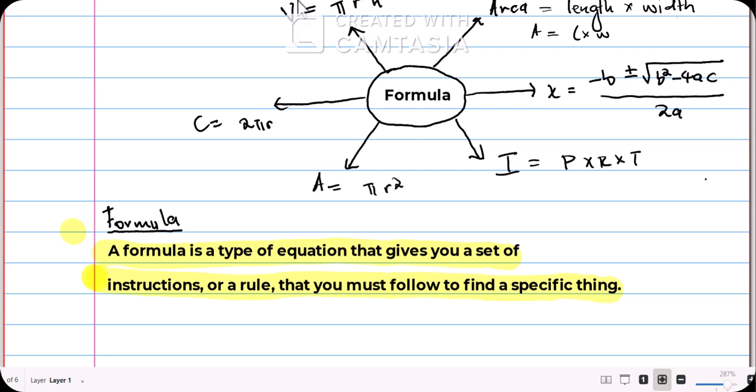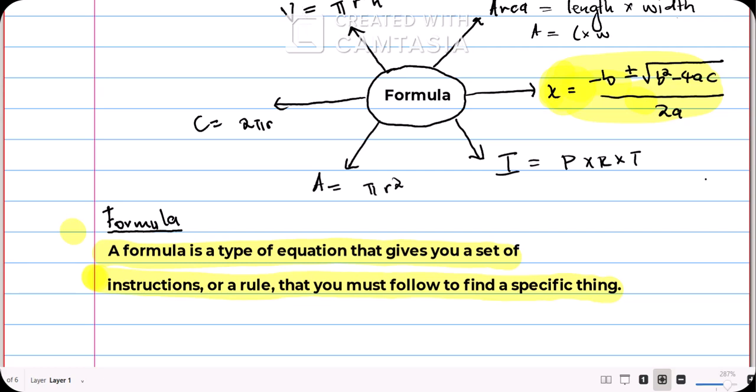We call them formulas, since we can't modify them. These specific equations let you find something, for instance here, the value of x in a quadratic equation. So these are formulas.